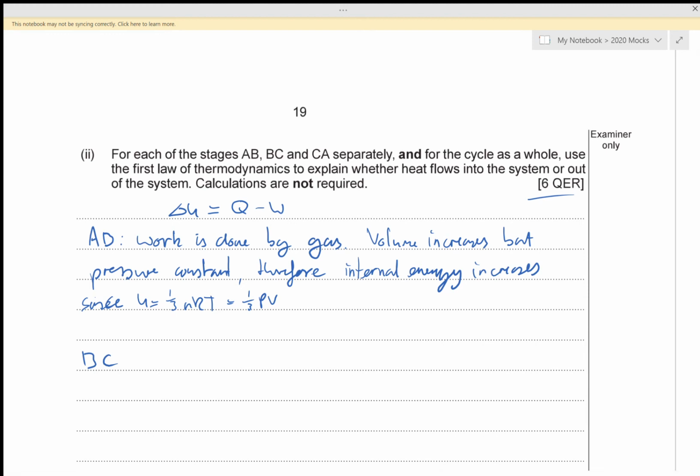Yep. So internal energy increases and work is done by the gas. Together, those imply that Q must be positive. So heat flows into system.